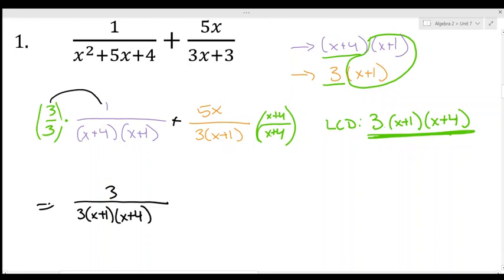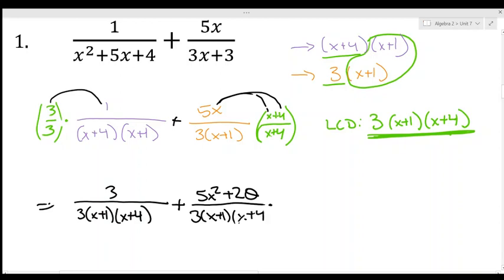This could have been 3 times x plus 4 times x plus 1. It doesn't matter because you're multiplying. Plus, I'm going to distribute my 5x into x plus 4. So that gives me 5x squared plus 20x over 3 times x plus 1 times x plus 4.